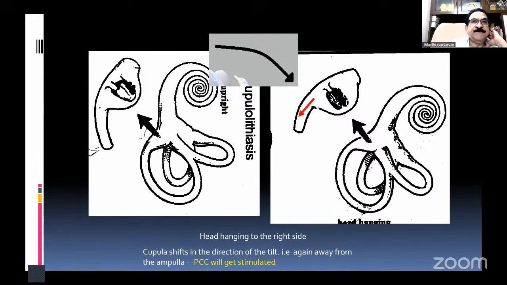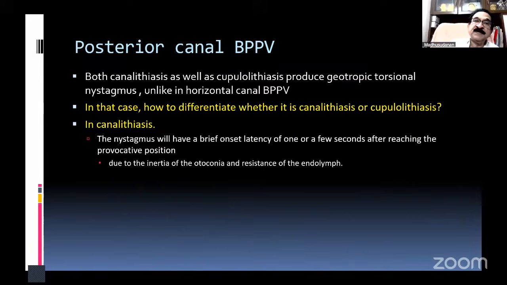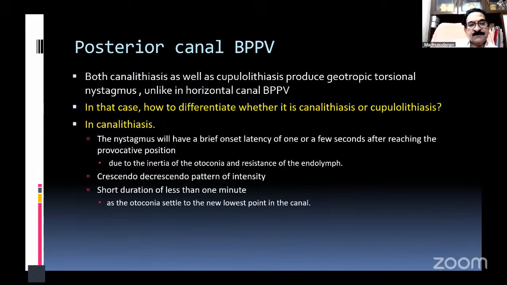It's exactly the same. So looking at the nystagmus alone, you cannot differentiate whether it is canal lithiasis or cupulolithiasis of the posterior canal. There are certain points: one is short lasting, cupulolithiasis remains a longer time, no fatigability. Those things are there to differentiate, but for our present discussion, that is not important.